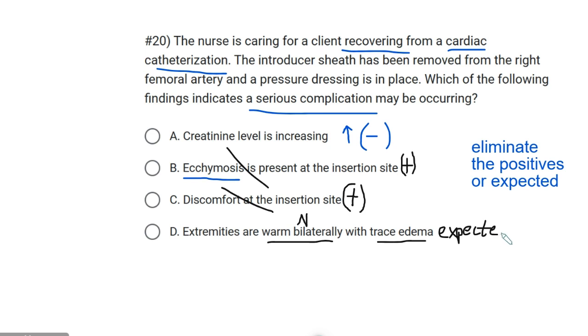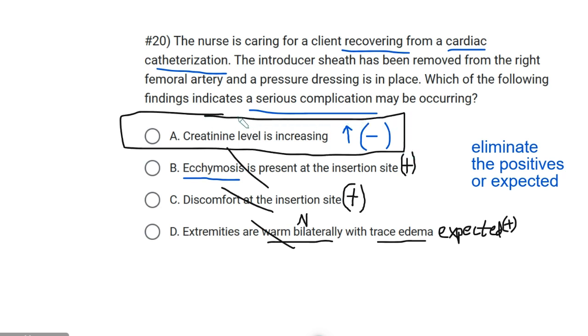So we'll eliminate all of those that we thought are expected or positive answers, and we will narrow it down to our most negative answer. The one that is most concerning, it can be indicating a serious complication that the patient is experiencing, AKI or some renal deficiency or insufficiency due to the contrast medium.